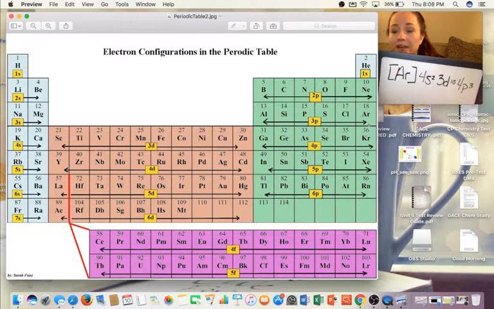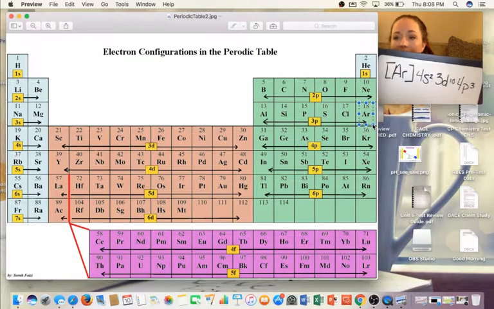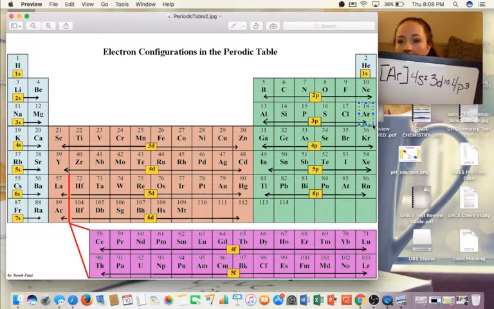He is in group 18. His atomic number is 18. So remember that noble gas configurations are like the cheat sheet shortcut for writing out a really long electron configuration. So we start with argon. Argon is 18.